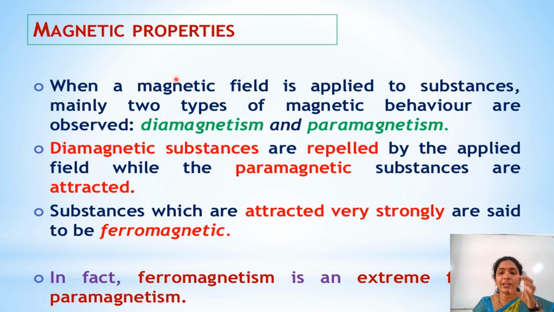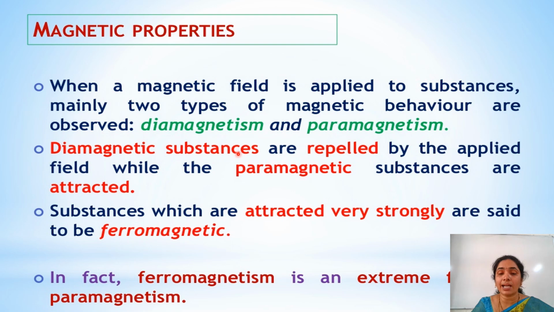Depending upon the response of that substance or compound with respect to the magnetic field, we can classify it into two types, whether it is paramagnetic or diamagnetic. When a magnetic field is applied to the substance, mainly we will see two types of magnetic behavior: one is diamagnetism, another is paramagnetism. Now we will know what diamagnetism and paramagnetism are.